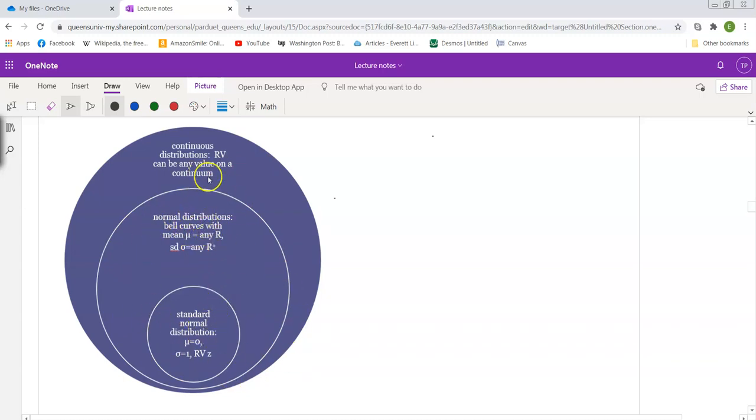So normal distribution is a particular kind of continuous distribution. And then the standard normal distribution is a particular normal distribution. Okay, so this is what we're looking at today, the standard normal distribution, and how to find probabilities based on it.